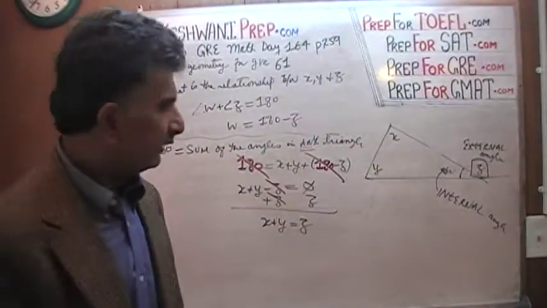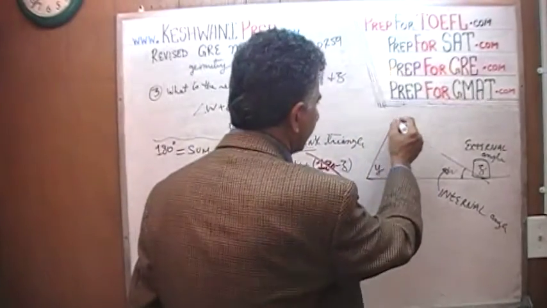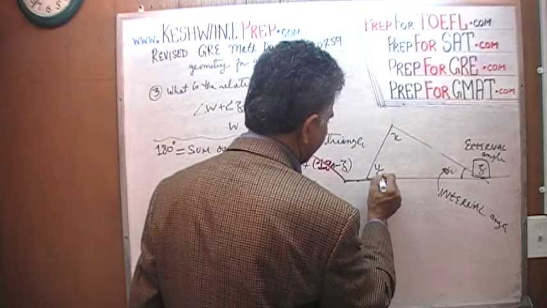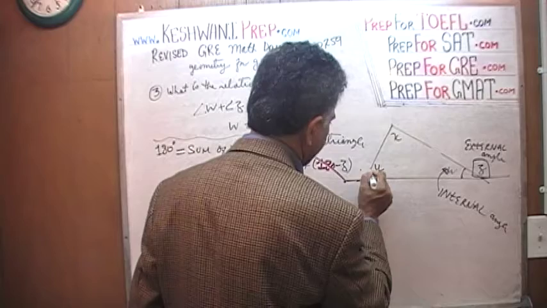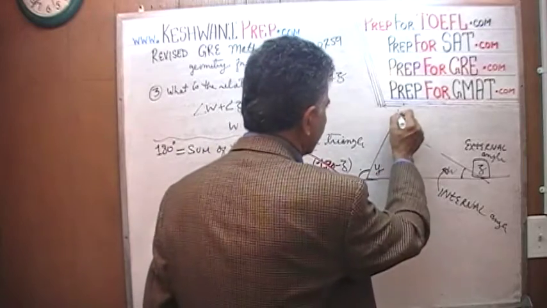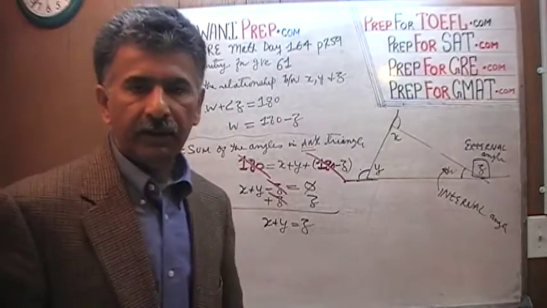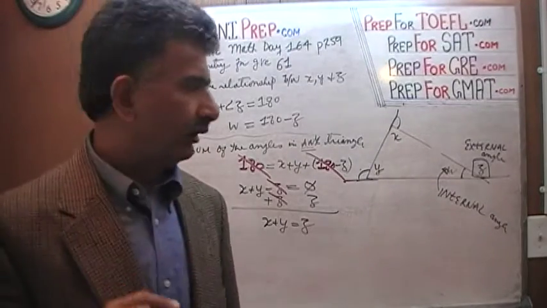And they are pairs. Everyone has a pair. If you were to extend this, y is the internal angle. Right here there is another angle which is the external angle. Same thing here: x is the internal angle, there is the external angle. They come in pairs, internal angles and external angles.